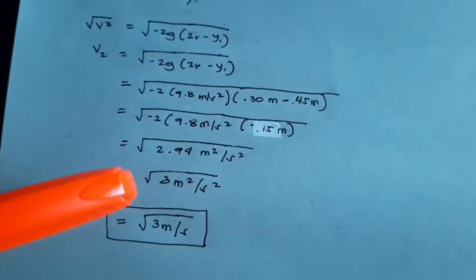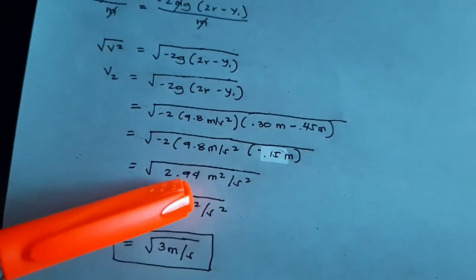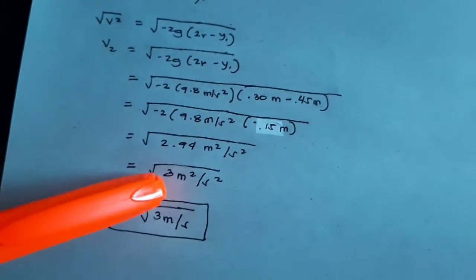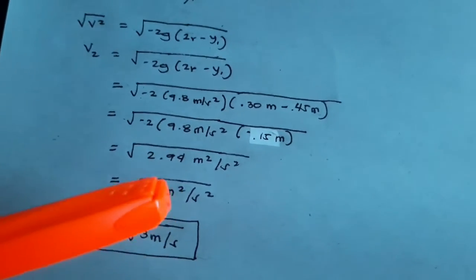Then, rounded off, it becomes 3 meters squared per second squared.